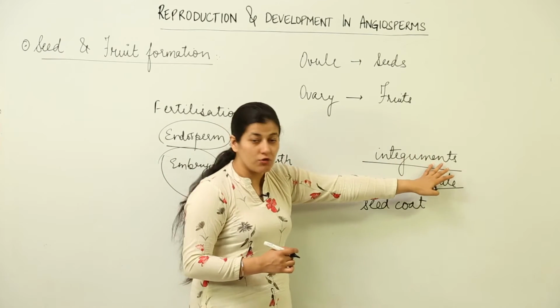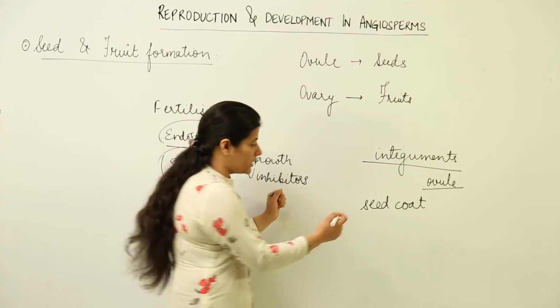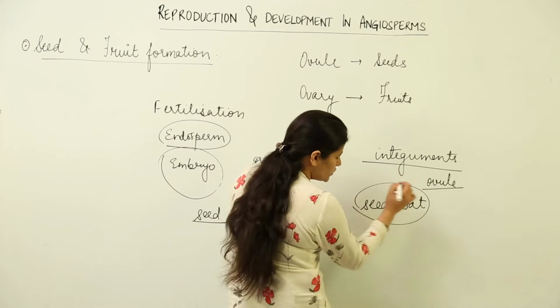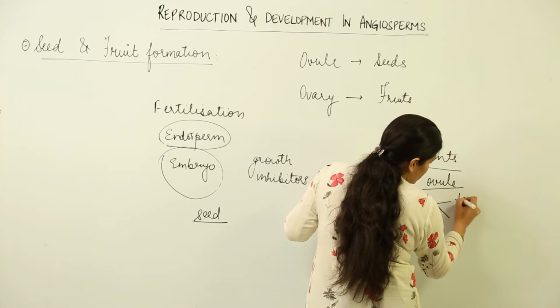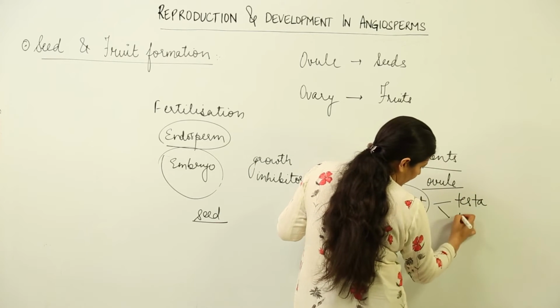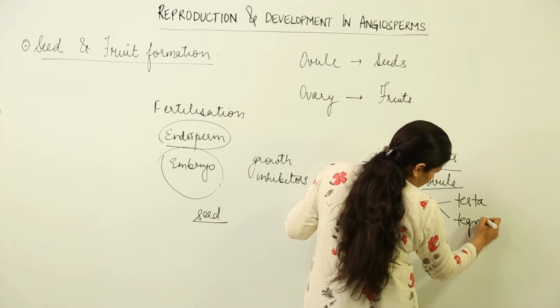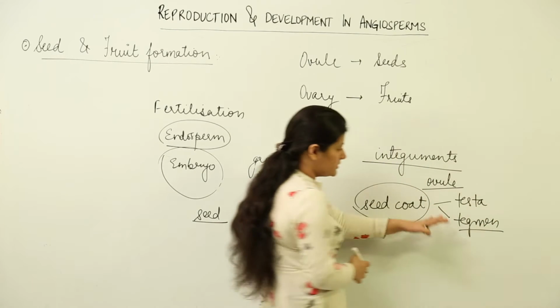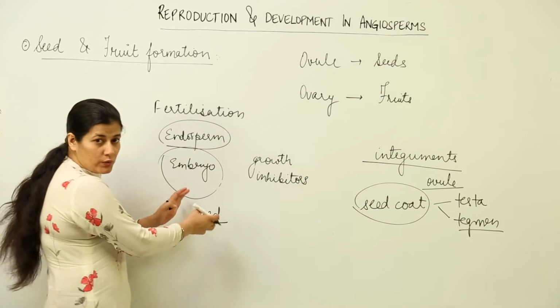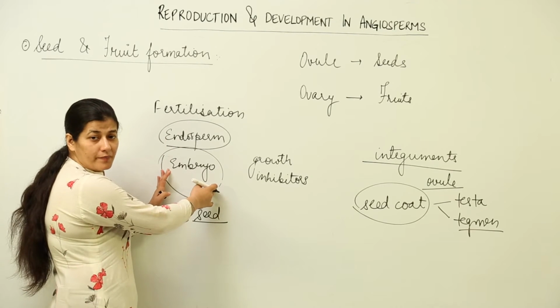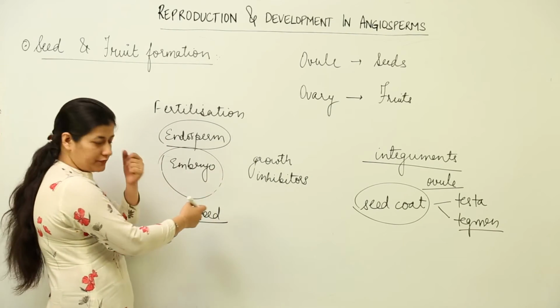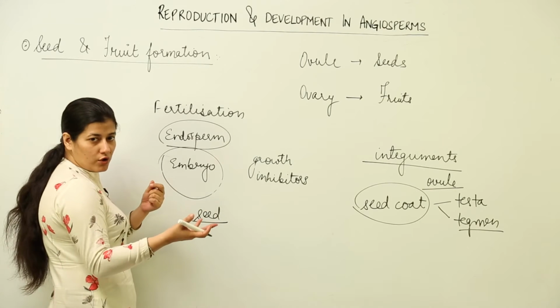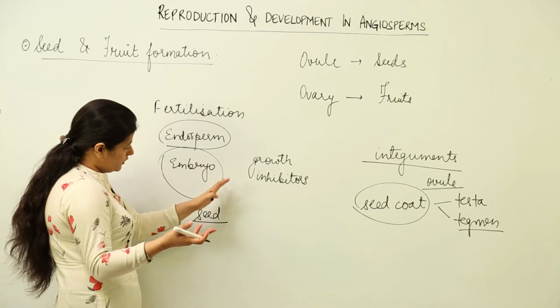When the integuments of the ovule lose their water, they form the seed coat known as testa, the outer hard layer, and tegmen, the inner one. So testa and tegmen surround the seed which houses the embryo. Okay. The seed could have cotyledons, again for the storage of food for the developing embryo.